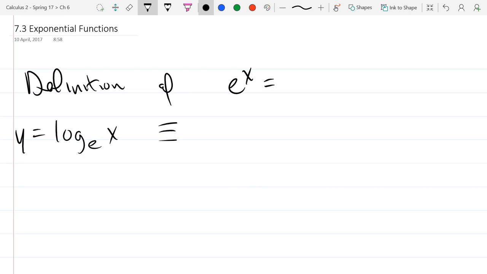What you should have remembered from pre-calculus is how to flip a logarithm around to an exponential. So we move the base to the other side, and we get this relationship. Oh, let me switch x and y actually, so it matches what I have up here.